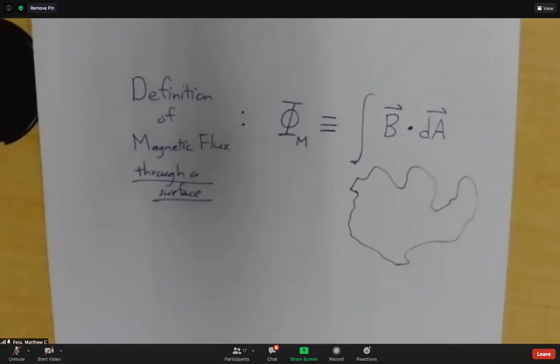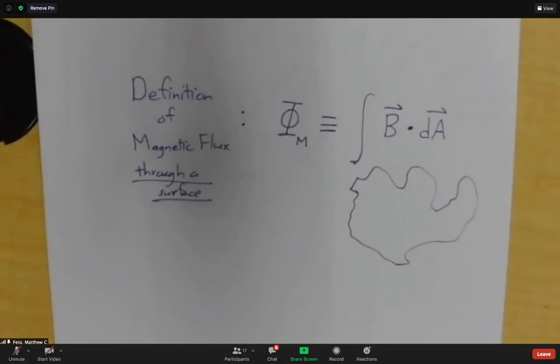Basically the question is, how many magnetic field lines pierce through this surface going one way, or pierce through it going the other way? That would be a visual way to measure flux. You pick an area and count how many field lines pierce through it.